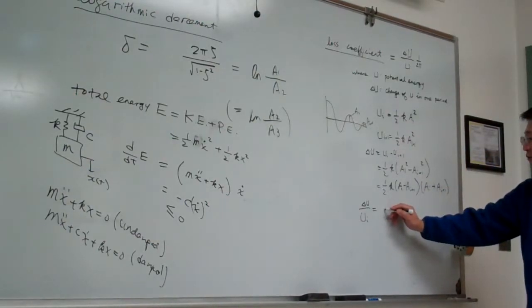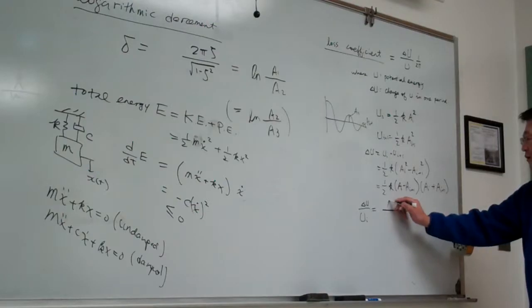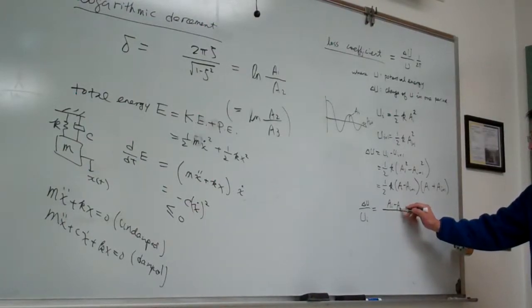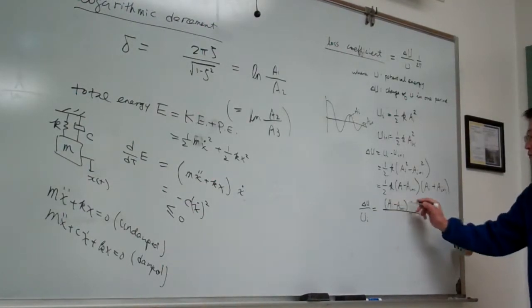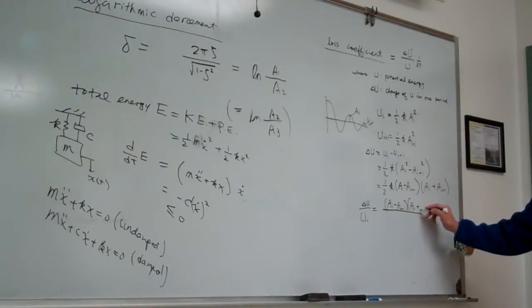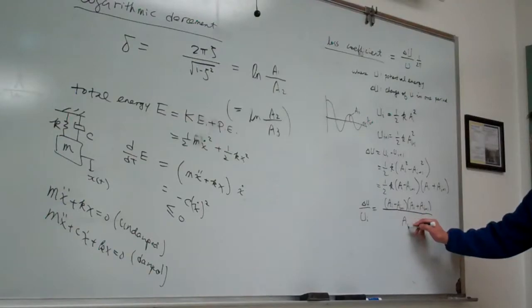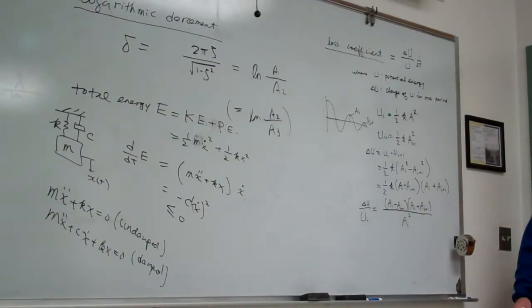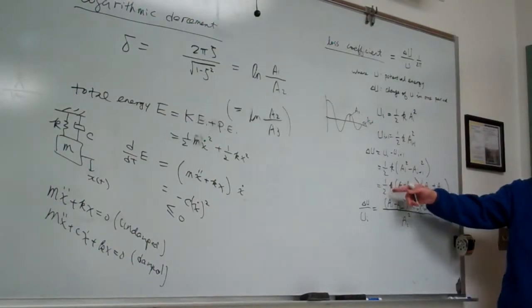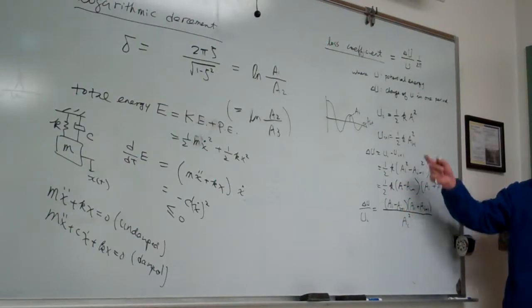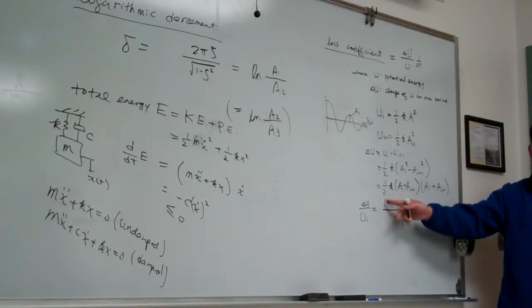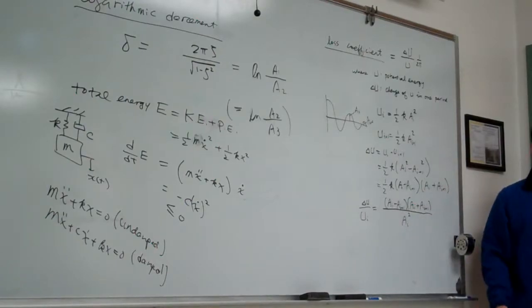So that becomes A_i minus A_{i+1}, times A_i plus A_{i+1}, over A_i squared, right? And K over 2 is simply a common coefficient; you simply cancel it from the numerator and denominator.